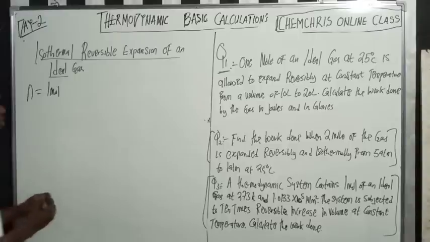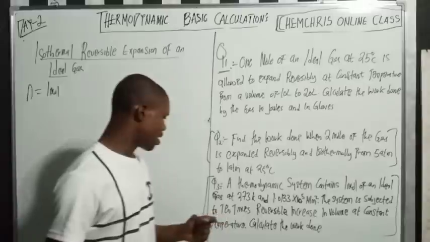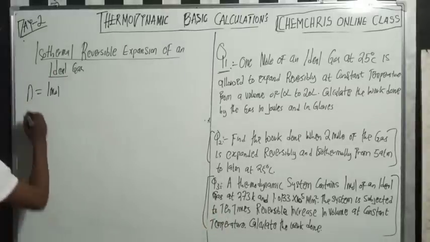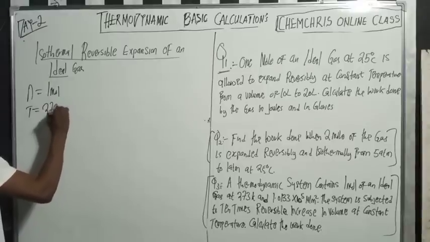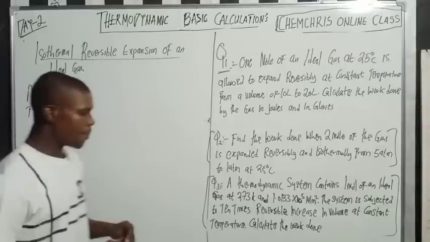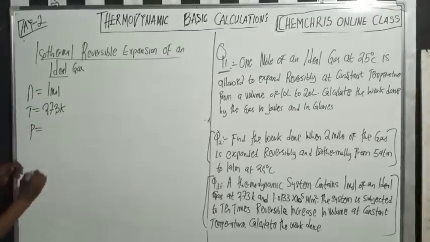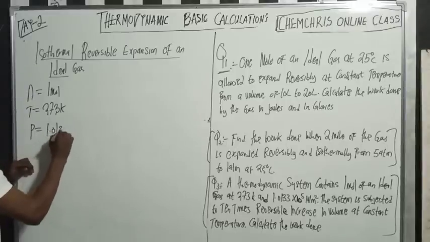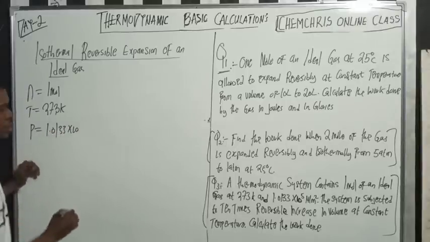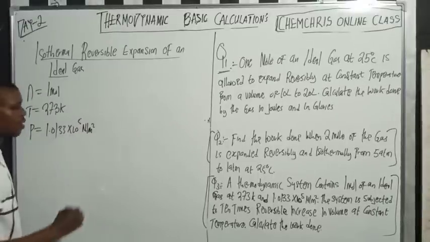A thermodynamic system contains 1 mole of an ideal gas at the temperature here, which is already in Kelvin, 273 Kelvin, right? Now, look at the pressure here. So here we have pressure equals 1.0133 times 10 to the 5 Newton per meter square, right?